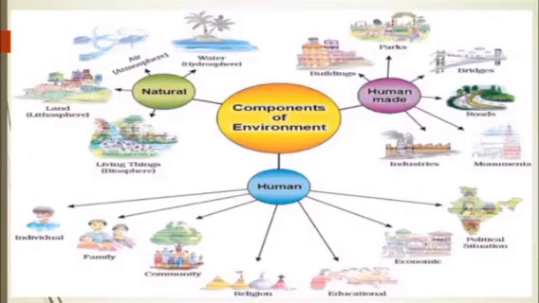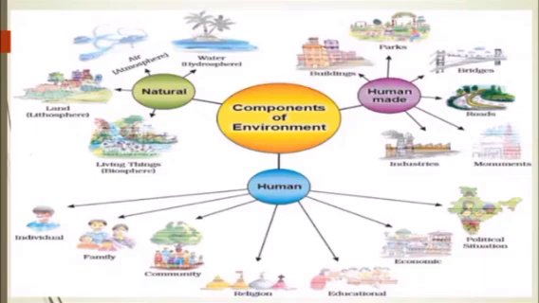So in this picture we can see the components of environment. Components of environment are classified into three, like human environment, human-made environment, and natural environment. Human environment like individual, family, community, religion, educational, economic, and political situation.